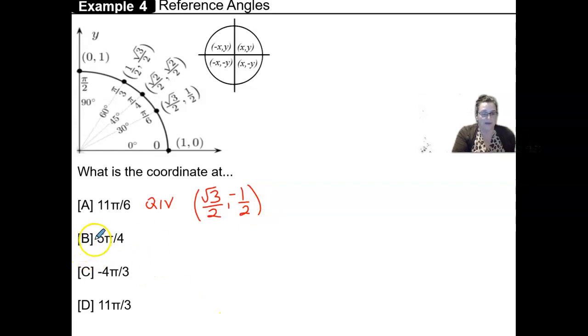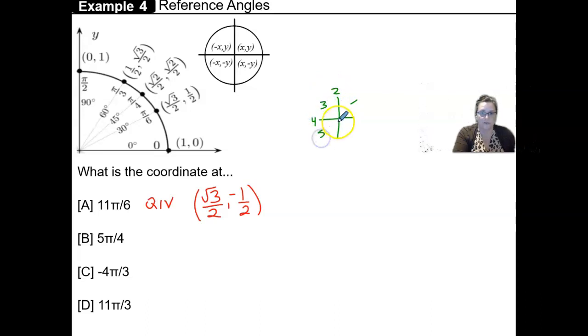In problem B, 5 pi over 4, this has a denominator of 4, which makes this a pi over 4 reference angle. And 5 pi over 4, if I think about where that is on the circle, this is 1 pi over 4, 2 pi over 4, 3 pi over 4, 4 pi over 4.